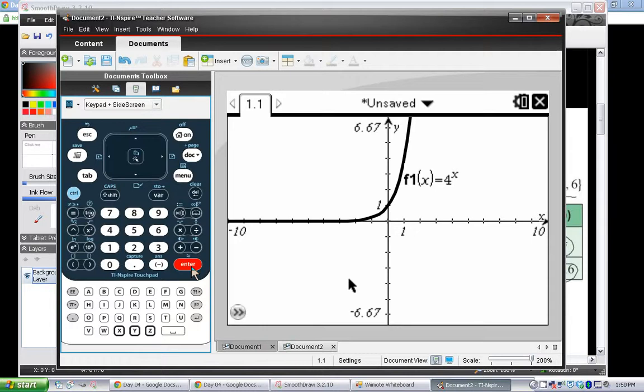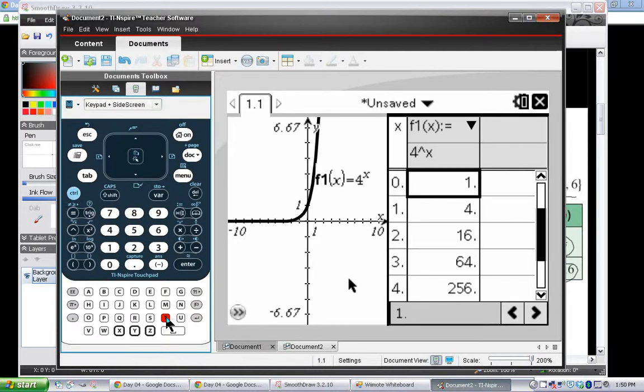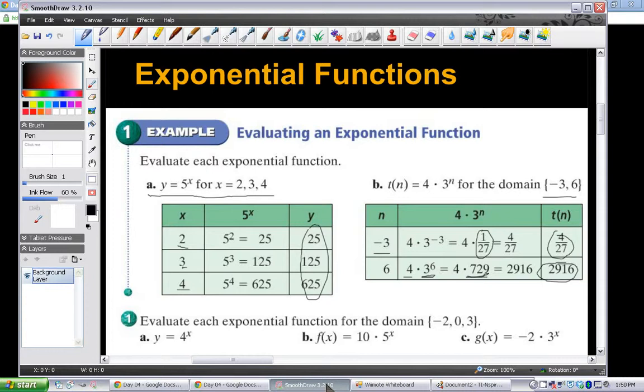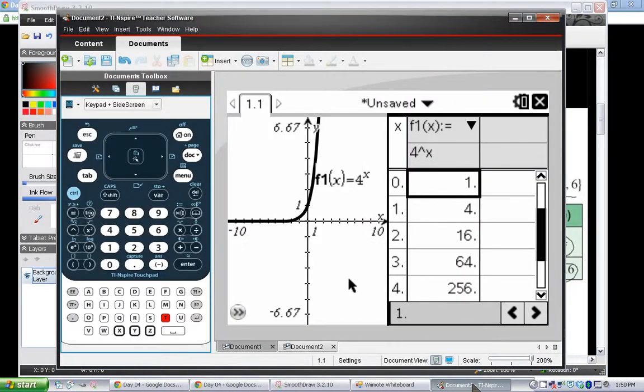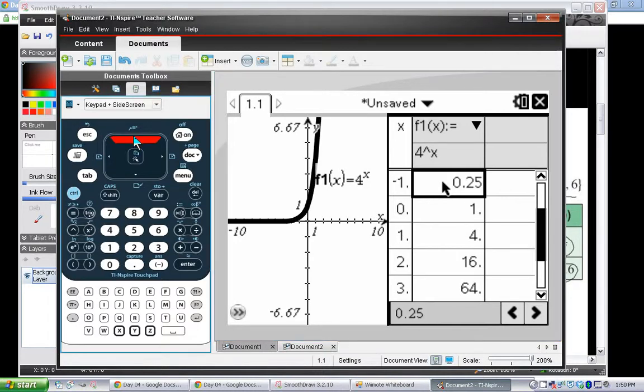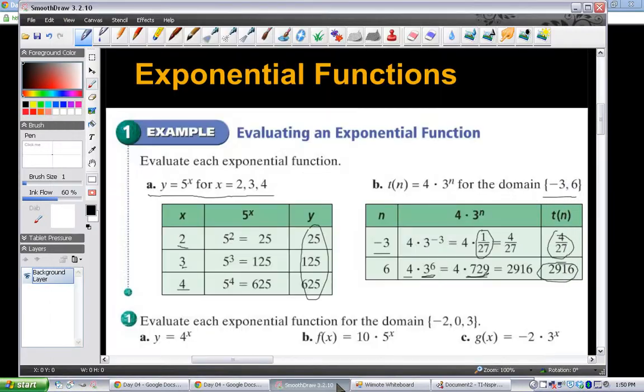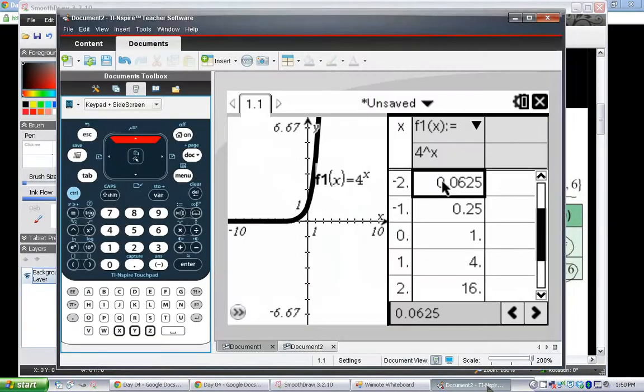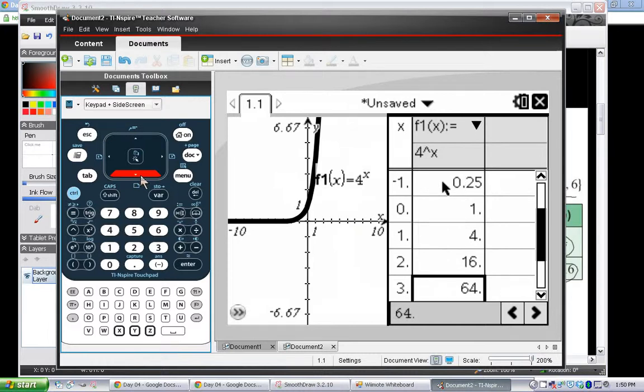We want to look at specific points, so we're going to hit Control T to get our table. Those points were -2, 0, and 3. So for -2, we're going to have to move up a couple. -2 is 0.0625, and there's that, and 0 is 1, 3 is 64.